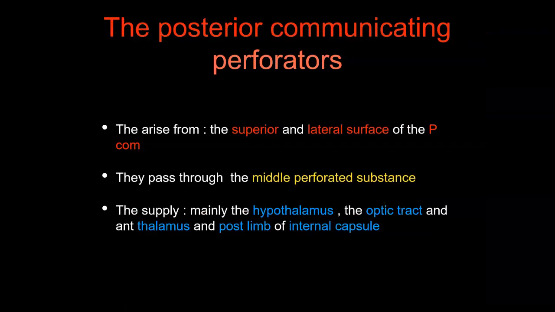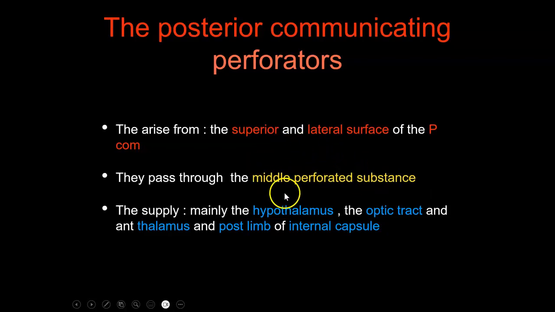Posterior communicating perforators arise from the superior and lateral surface of the PCOM, and they pass through the middle perforated substance. So we have the anterior perforated substance, posterior perforated substance, and middle perforated substance. It's not a common name, but if somebody asks about it, this is the part of the interpeduncular fossa pierced by the branches of the PCOM.